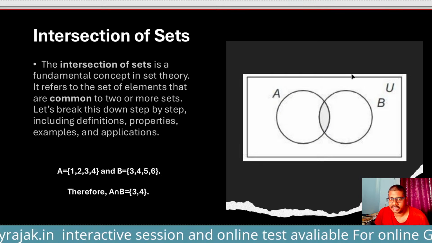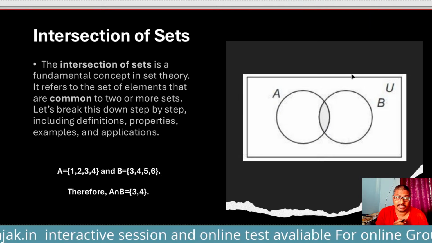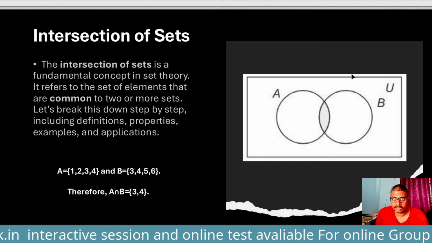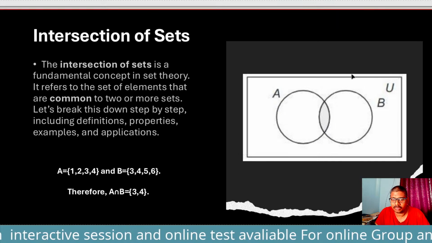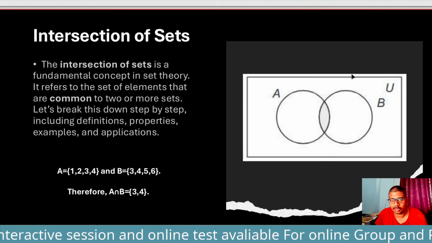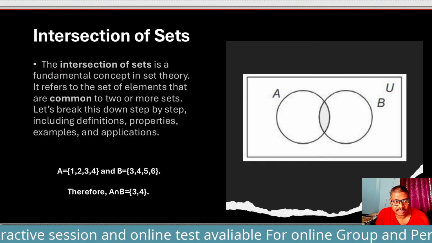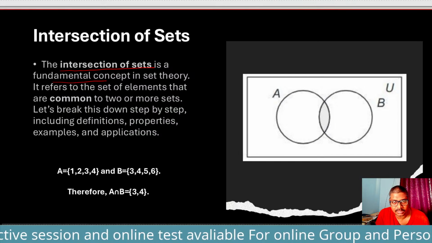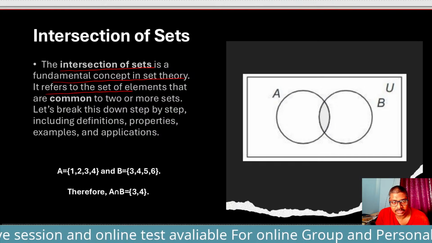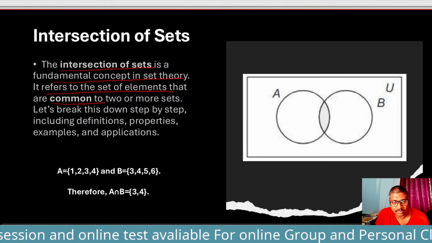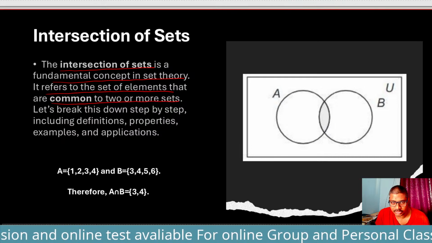Then comes the intersection of sets. What is intersection of sets? When we have two sets, the things that are common will come out in the intersection operation. Intersection of sets, a fundamental concept in set theory, refers to the set of elements that are common to two or more sets.